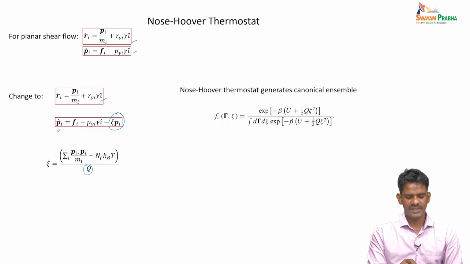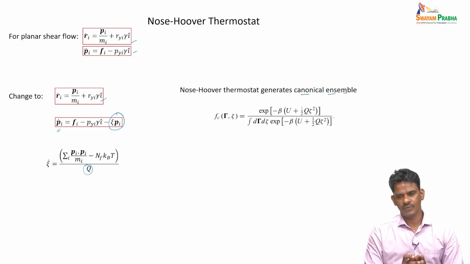By choosing this value of q properly, you can control the response with which the temperature is offset. Larger q or smaller q will give a very slow or very high response, so we have to find an optimal q, and it is shown that a Nosé-Hoover thermostat in non-equilibrium conditions like this samples the right canonical ensemble.